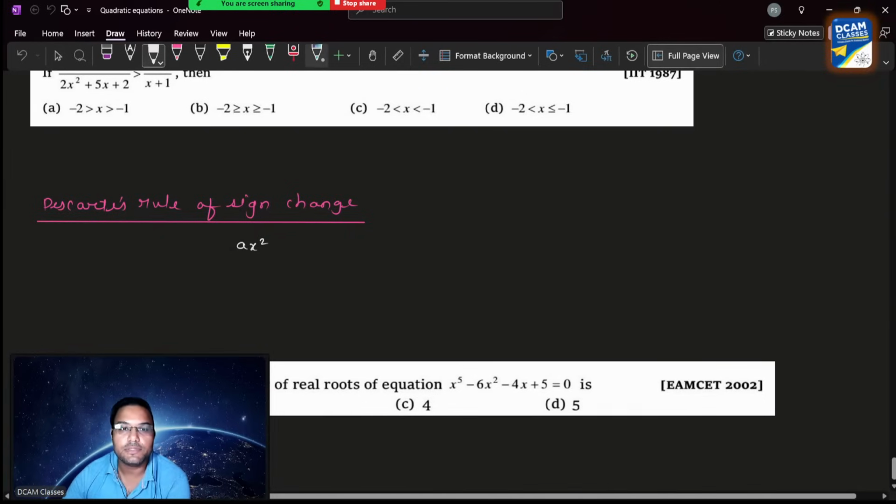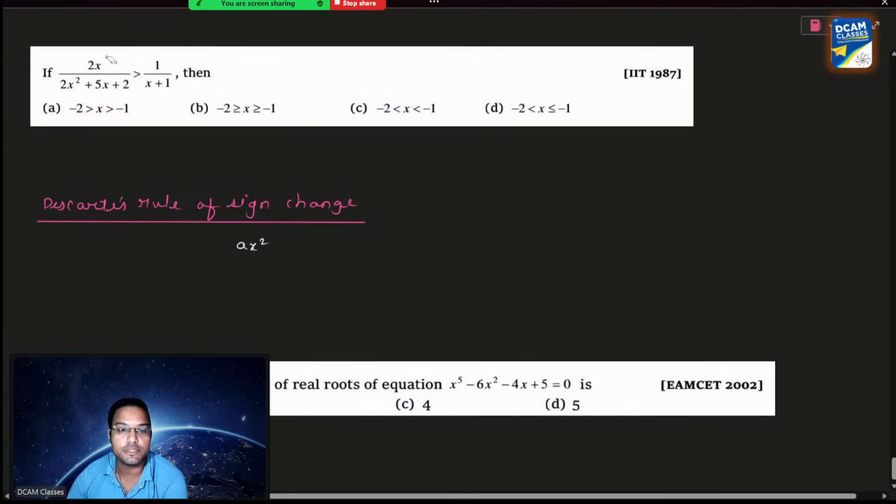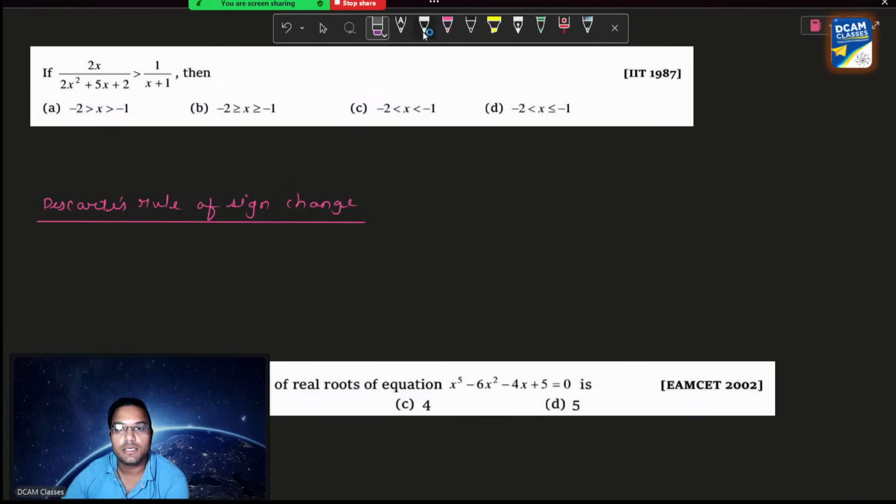The example I was taking: suppose I take a real equation like this, 3x power 4 minus 2x cube plus x square plus 3x plus 1 is equal to 0.